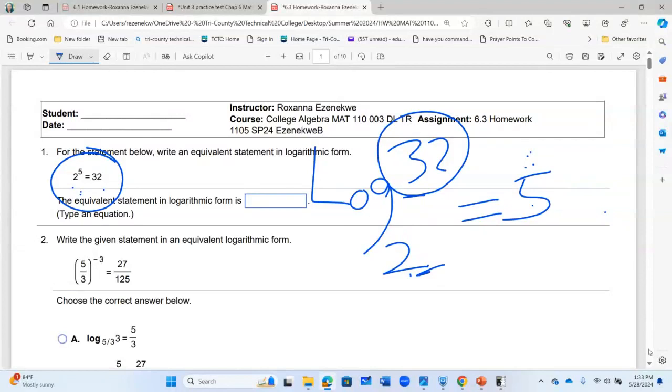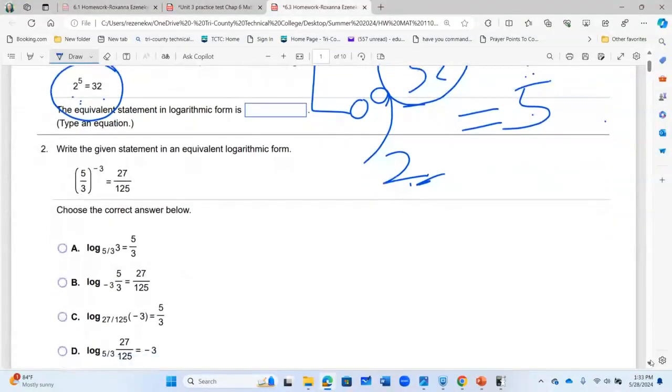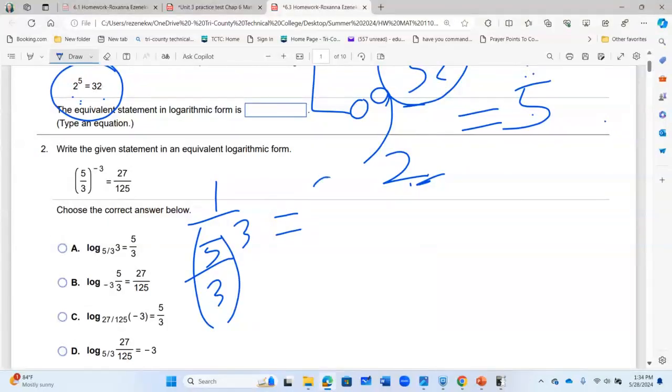Okay, so let's change the next one. This one says, write the given statement in an equivalent logarithmic form. So this is 5 over 3 to power 3... is equal to 27 over 125. We are only told to write the given statement in the equivalent logarithmic form. So for me to rewrite it, I have to switch it around.